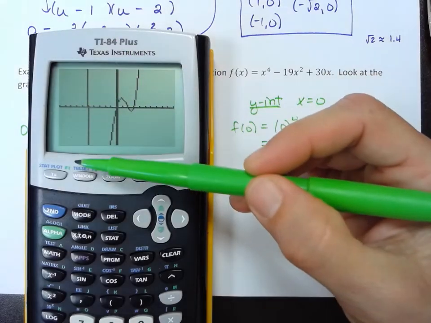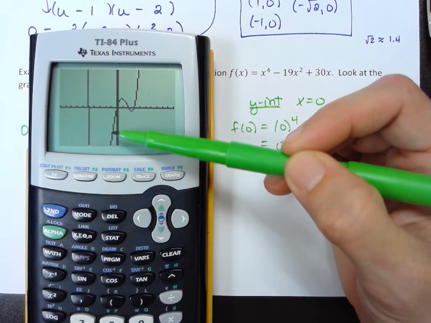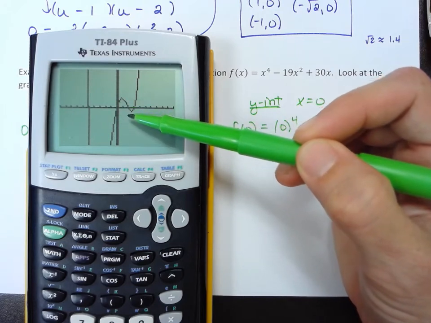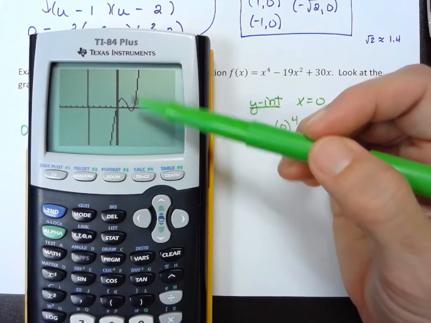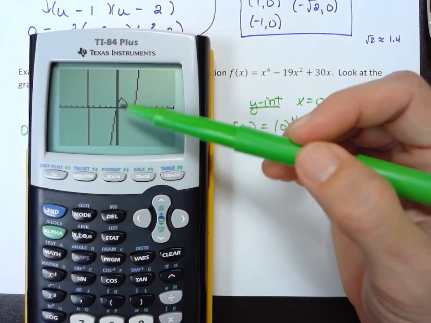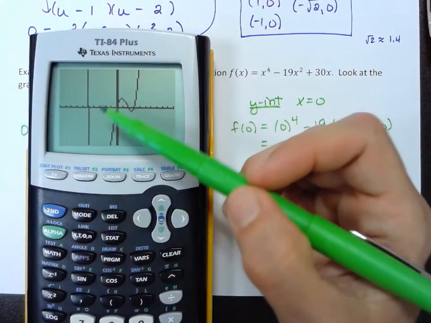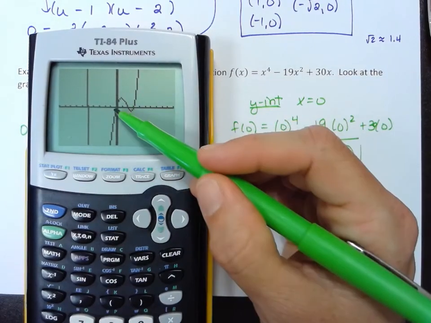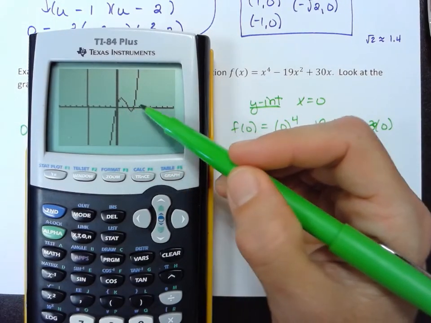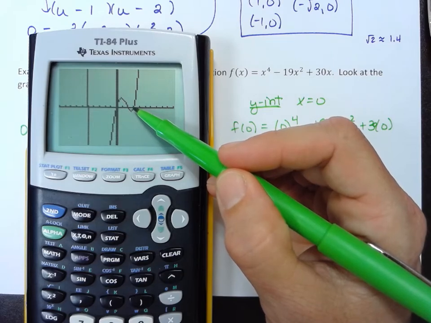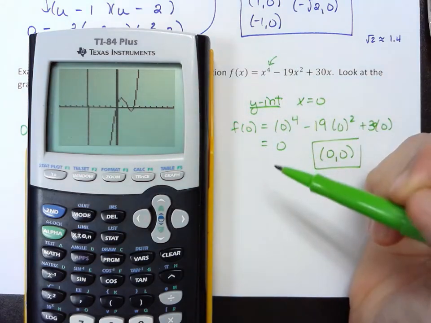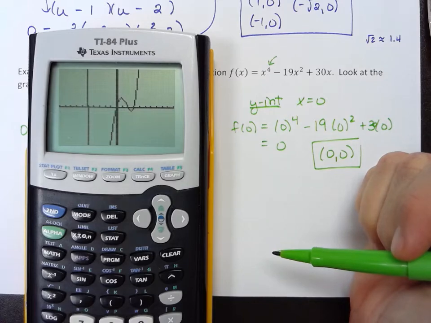It's coming down, it goes way down there somewhere, but it comes back up, crosses the x-axis again, and back up again. So we could probably use the graph as it is right now. What we want to do is find this point, this point, this point, and this point. So it looks like we need 4 x-intercepts, which we should know based on that number right there.